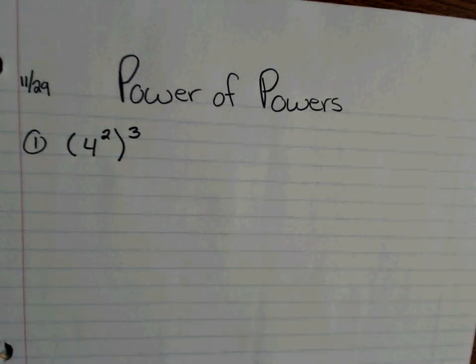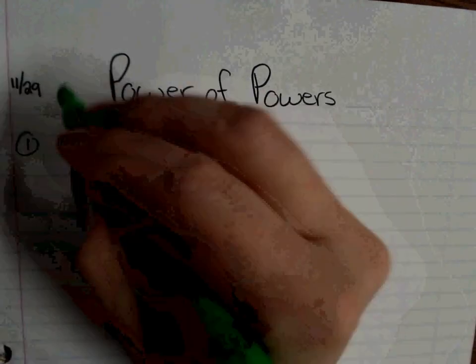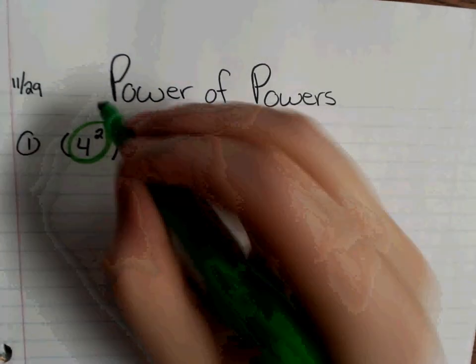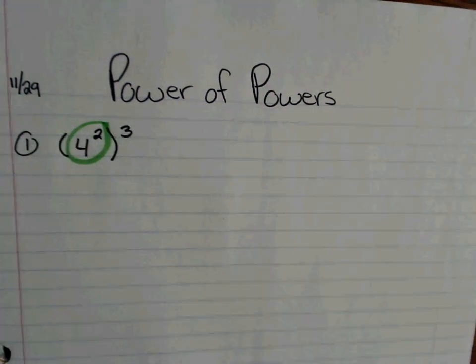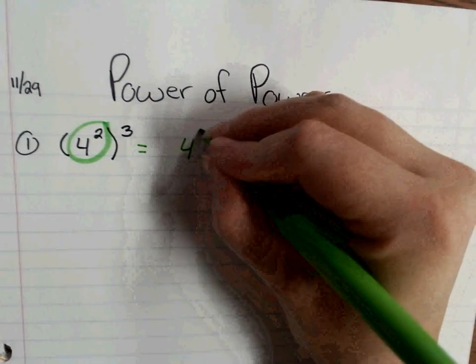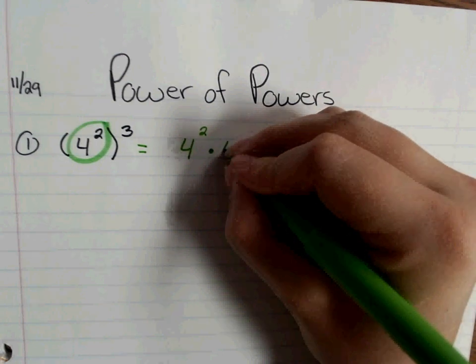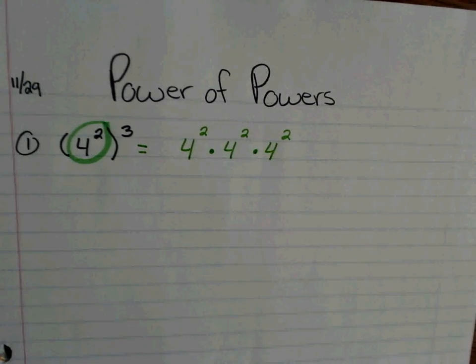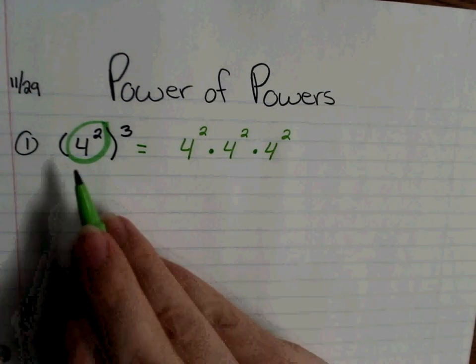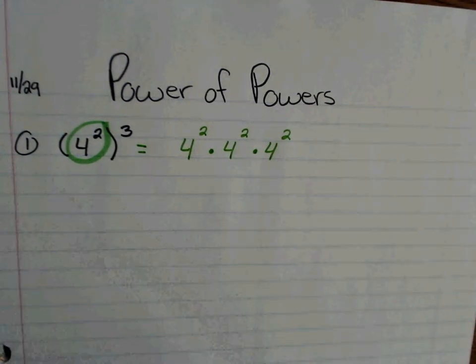This value right here is repetitive multiplication by 3. So we would be breaking this up into 4 to the second power times 4 to the second power times 4 to the second power, because that third power is telling you to take what's inside parentheses and do that repetitive multiplication 3 times.